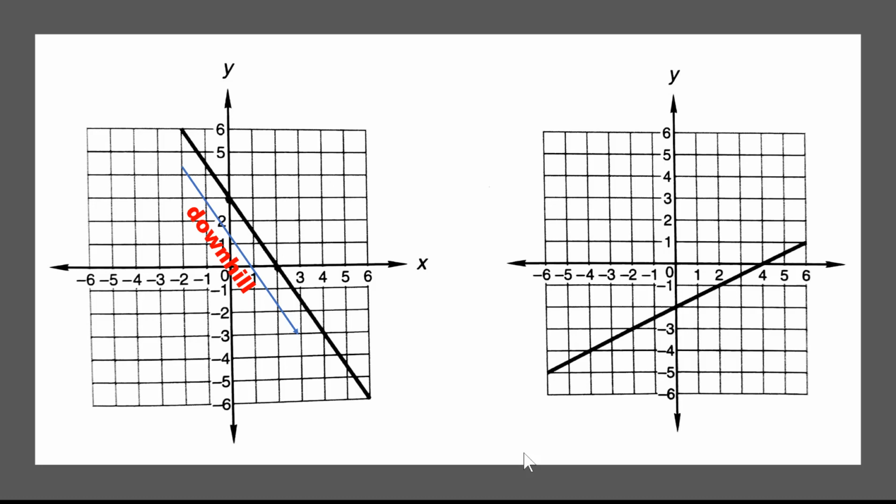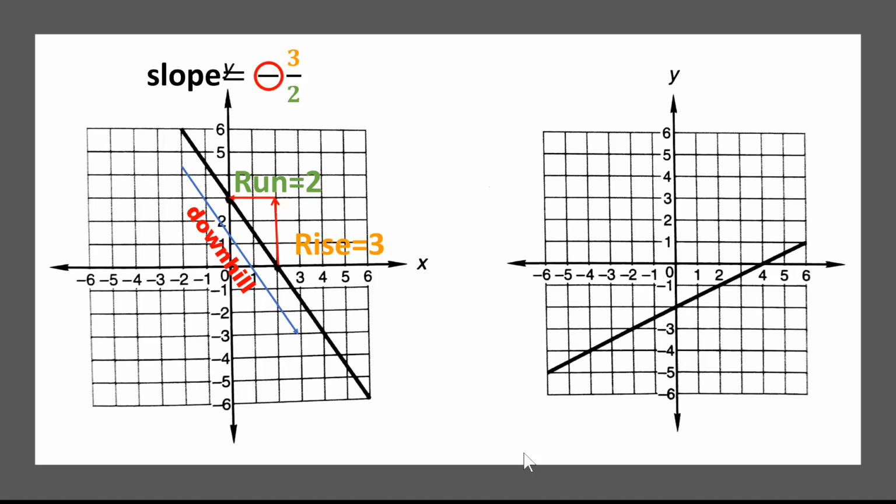If, as you go from left to right on your graph, the line is going downhill, that means you have a negative slope. So the slope of this line would be -3/2. The rise is 3, the run is 2, but since the line goes downhill, we say that it has a slope of -3/2. Right?